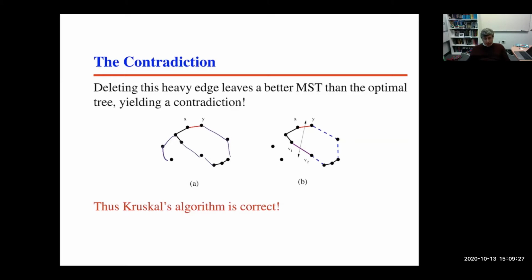Why? Adding any edge to a spanning tree is going to create a cycle. What do I know is the heaviest edge on this cycle?